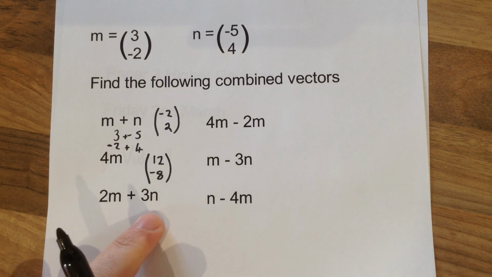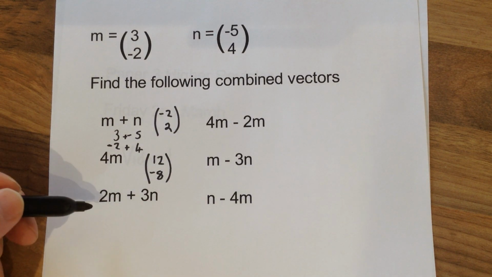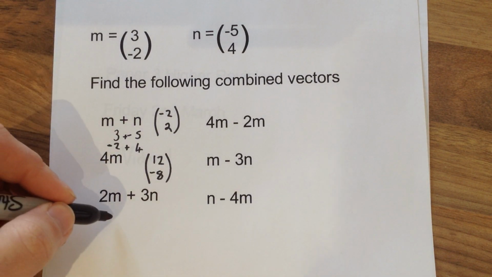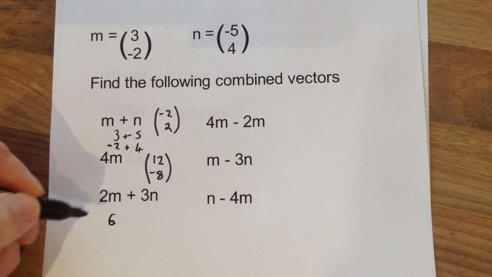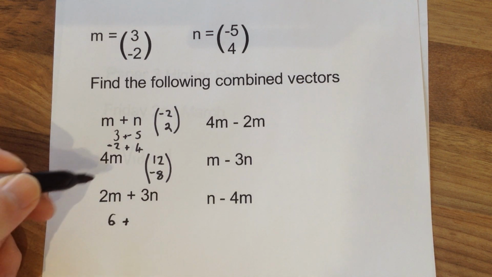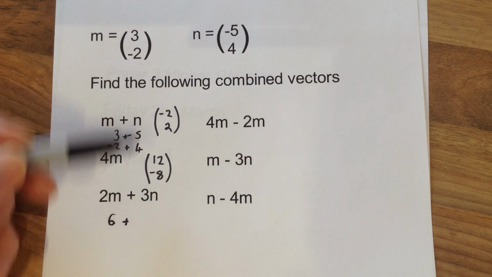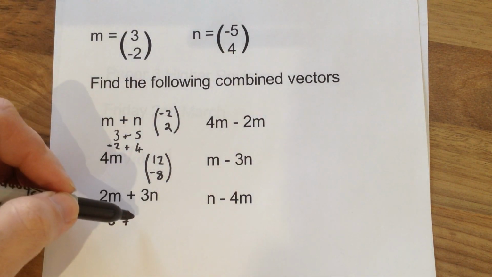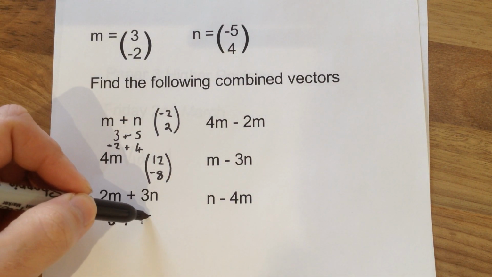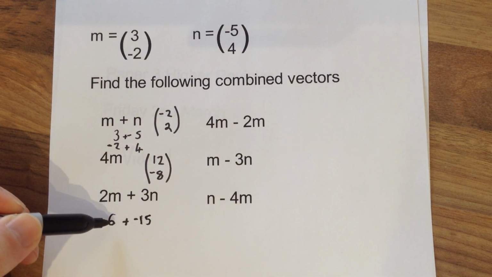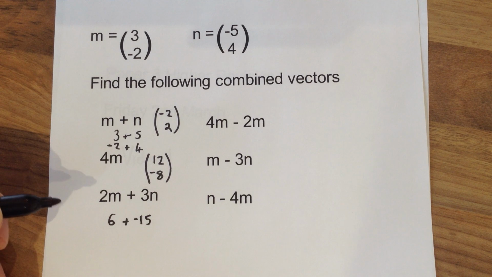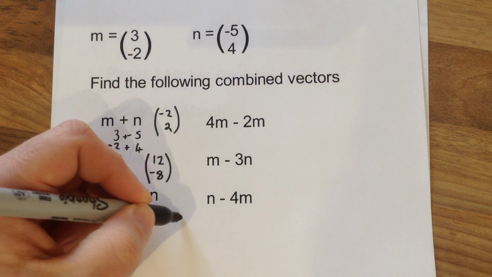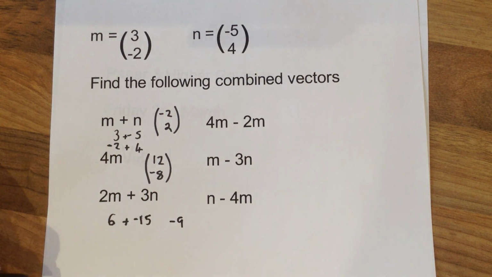We've got 2m plus 3n next. Well, 2 times 3 gives us 6. Plus, for the top number, 3 times minus 5. 3 times minus 5 is minus 15. So here we've got 6 take away 15 effectively, so minus 9 for the top number.